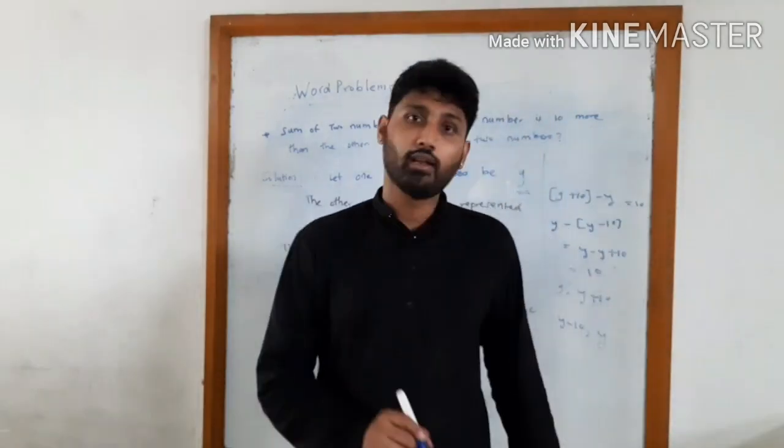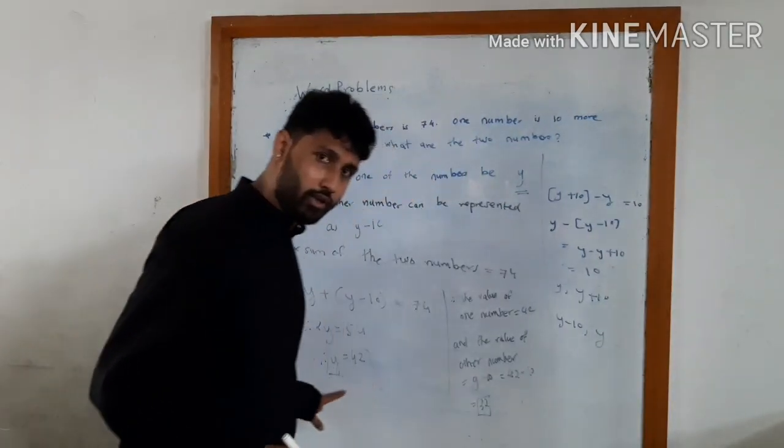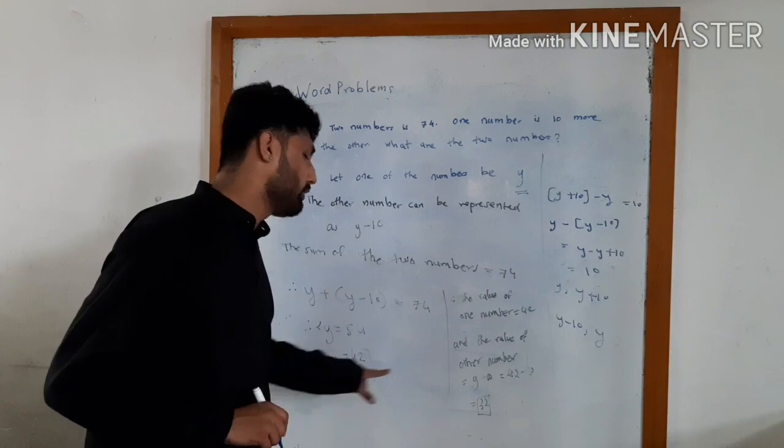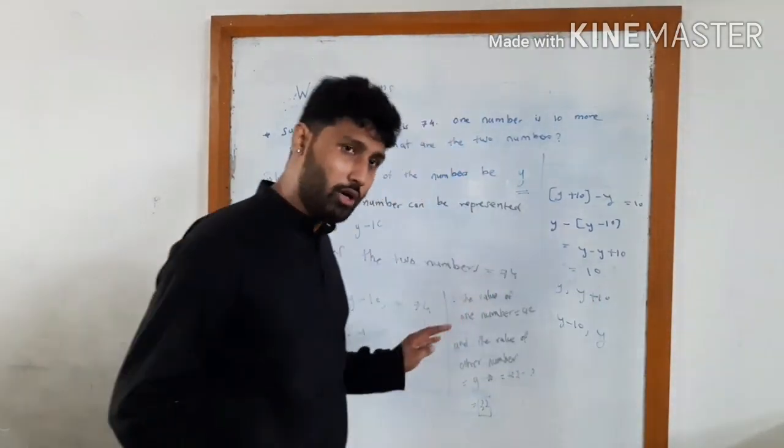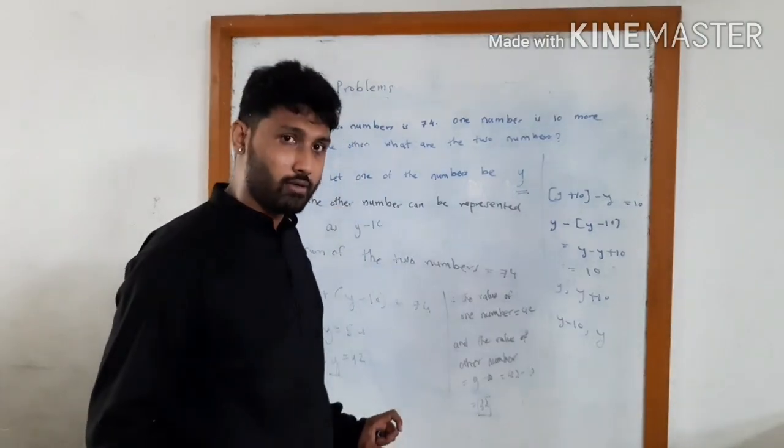So earlier you got 32, 42. Here you are getting 42, 32. But the numbers are the same. So you see, by both the methods, you get the same answer.